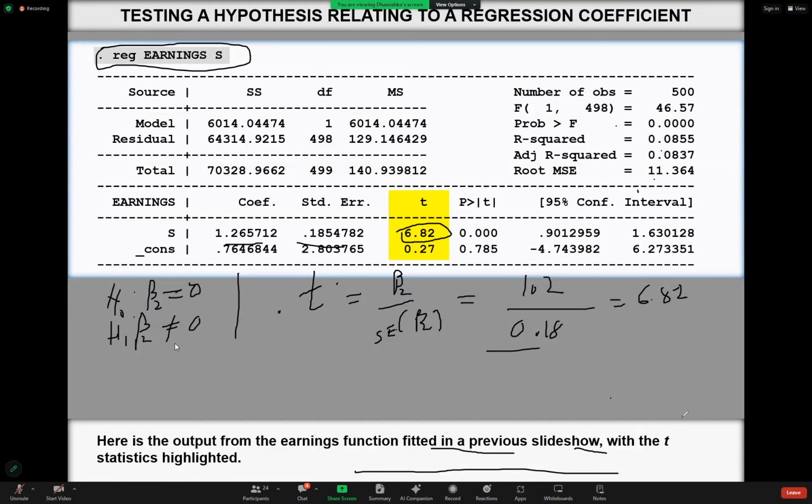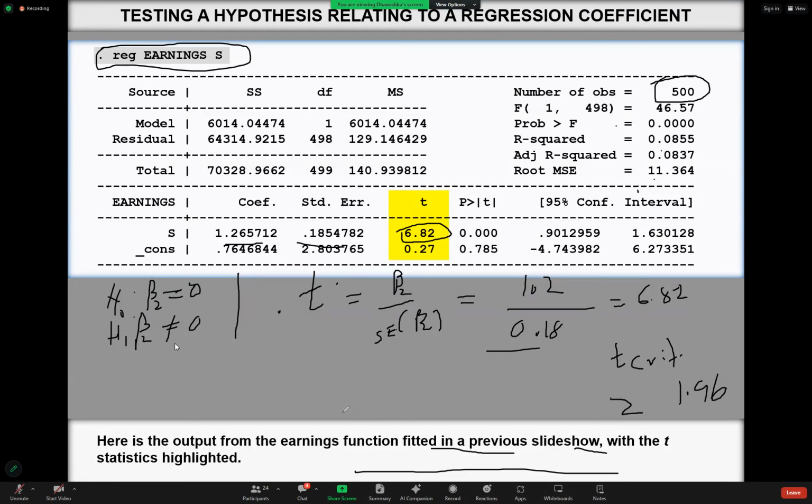Then you have to take the critical value. Actually, in this example, as the number of observations is 500, we can go for the Z table. At the 5% level of significance, the critical value is 1.96.